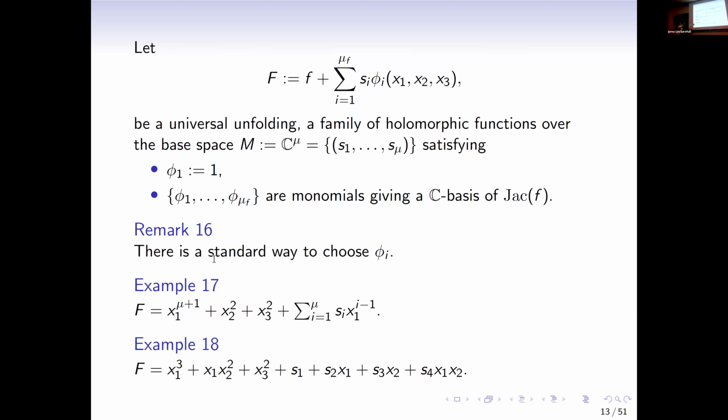Today I skip this detail, but there is a standard way to choose these monomials. For example, in the case of type A, we can just take the monomials, and this is the example of type D4. We can consider this deformation.